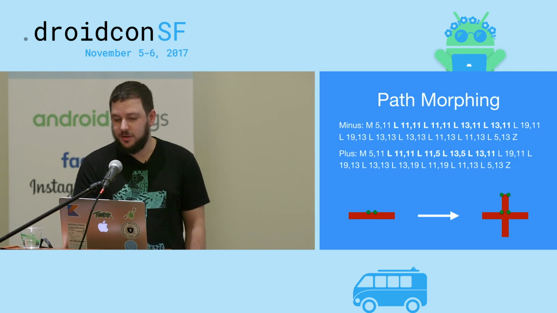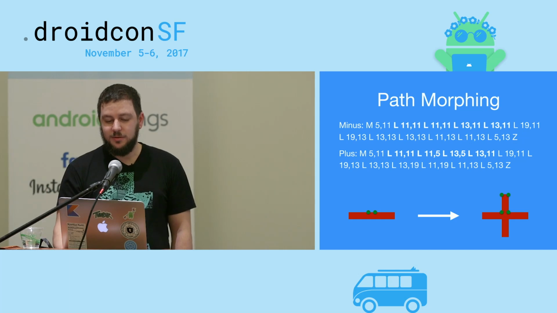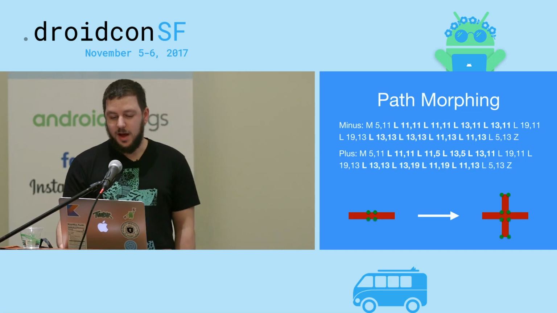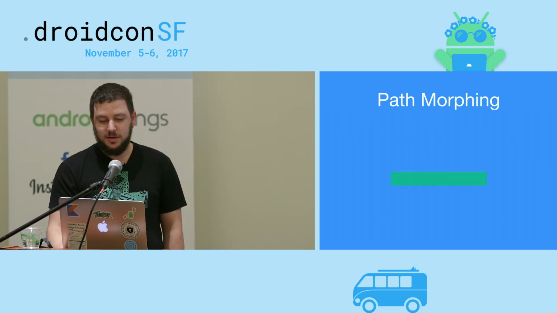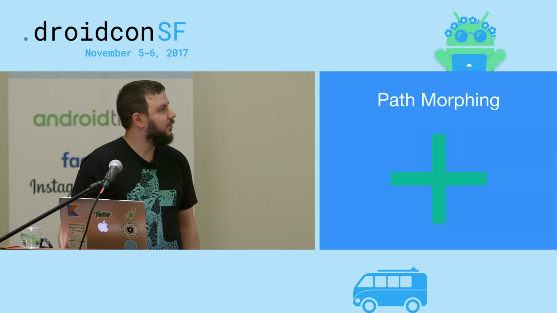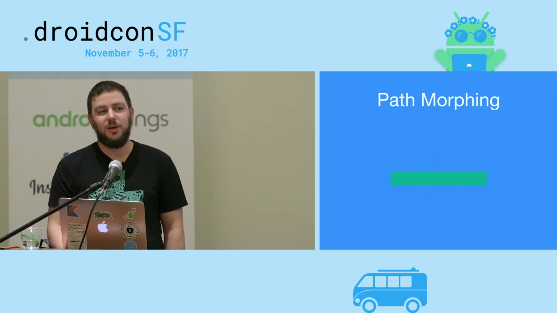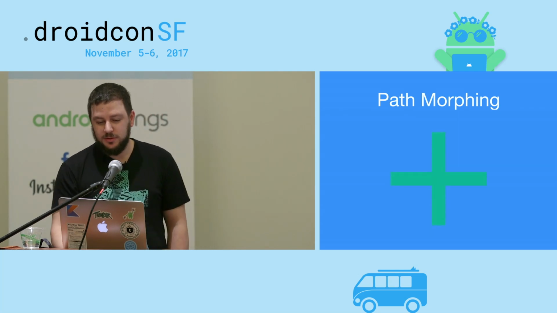We repeat the process, we do the same basically for the other missing commands, and we end up with compatible paths. So now that they're compatible, what does the animation actually look like? The minus is able to smoothly animate into the plus sign, and that's what we wanted to achieve.